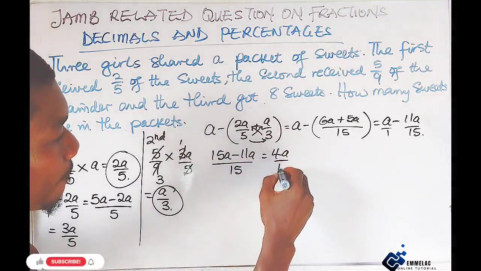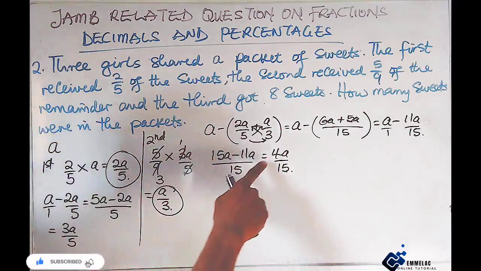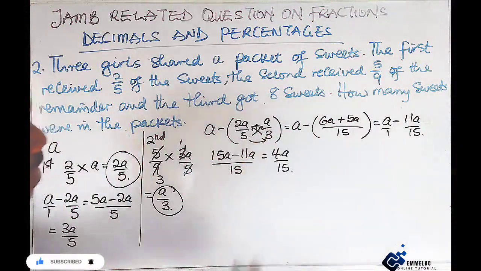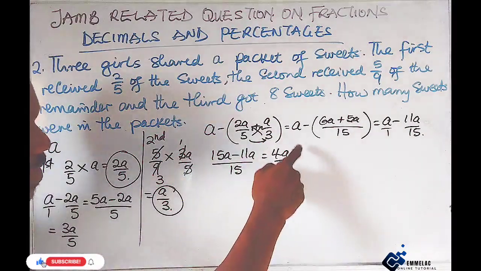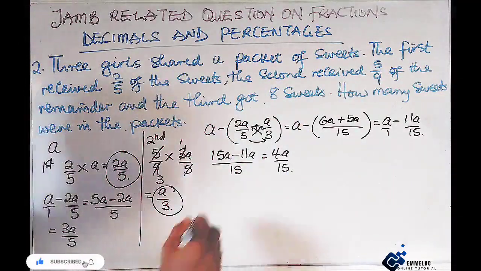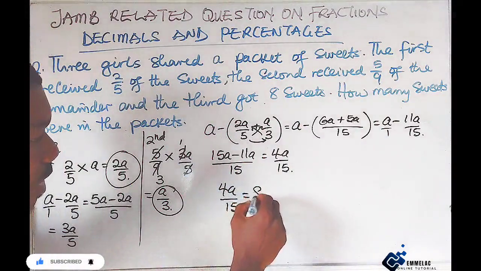Which gives us 4A over 15. Since the third girl got 8 sweets, it implies that this remaining fraction should be equal to 8 sweets. So 4A over 15 equals 8.